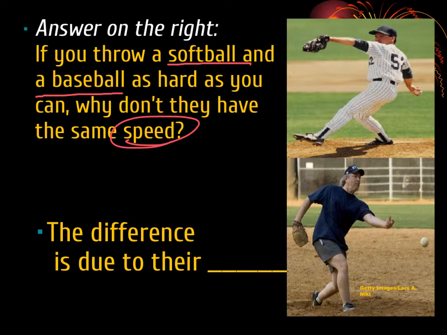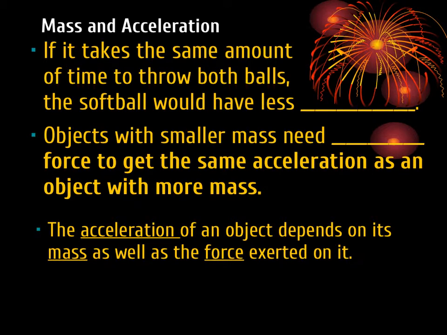We should know here that the difference is due to their mass. Okay, a softball is a little bit larger, more massive than a baseball. So if it takes the same amount of time to throw both balls, I'm throwing them both with the same force, the softball is going to have less acceleration, right? It is the larger, more massive of the two balls.